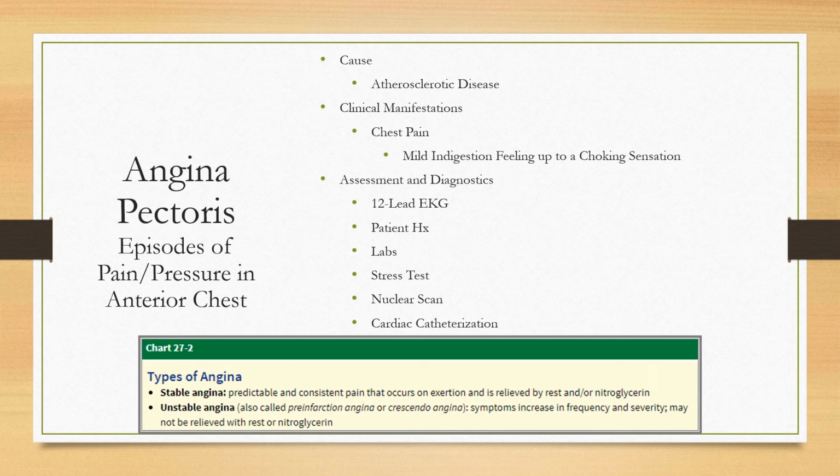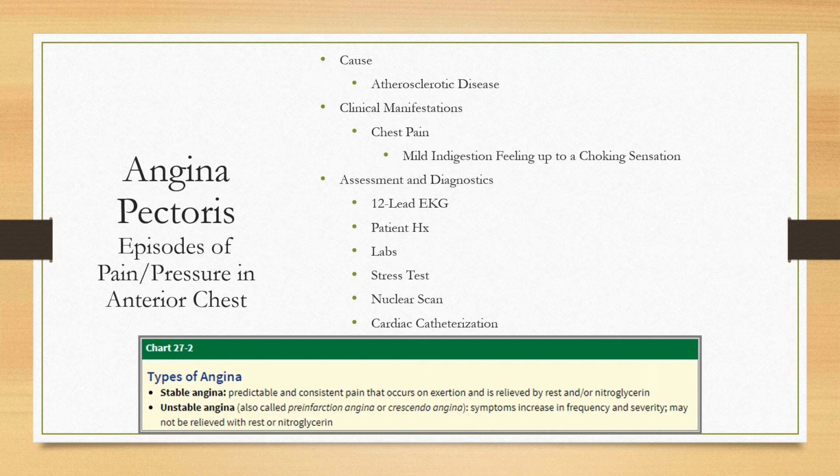So the demand from the heart for more blood is there, but the supply can't be increased, what do I get? Chest pain, right? So ischemic chest pain. Okay, and then I stop, I feel better. So the demand has gone back down to normal and the supply has remained the same.